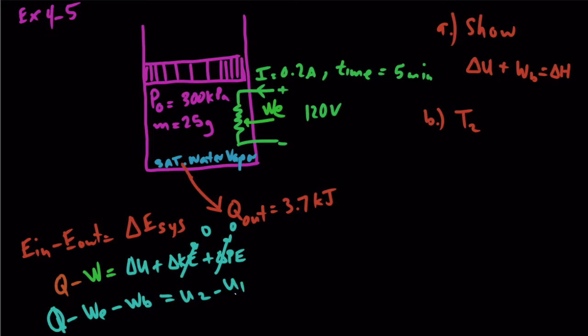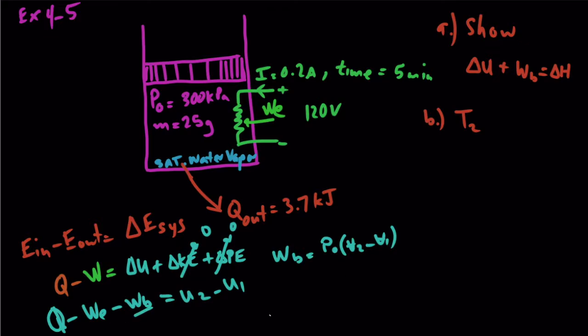And now, for a constant pressure, we can determine what the boundary work is. The boundary work is equal to the pressure P naught times V2 minus V1, so we can replace that for the boundary work.